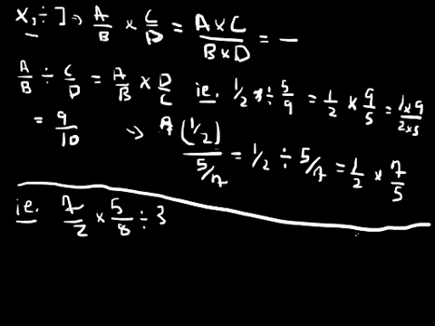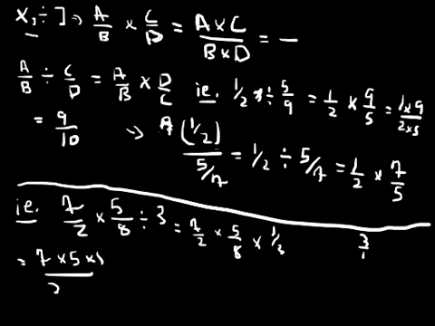And we know that 3 is really 3 over 1. You just don't write it. So what is that equal to? That's 7 over 2 times 5 over 8 times, and then since 3 is 3 over 1, you just flip it, 1 over 3. And again, you don't have to find anything common. Just separate them. 7 times 5 is 35. 2 times 8 is 16, times 3 is 48. That's your final answer.